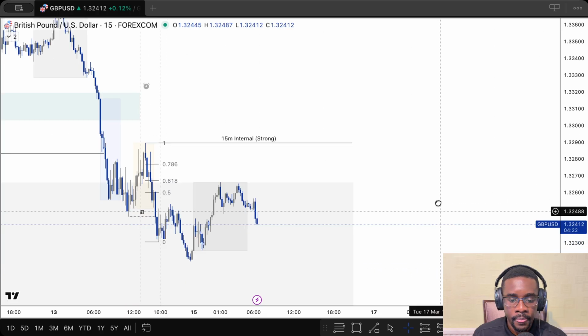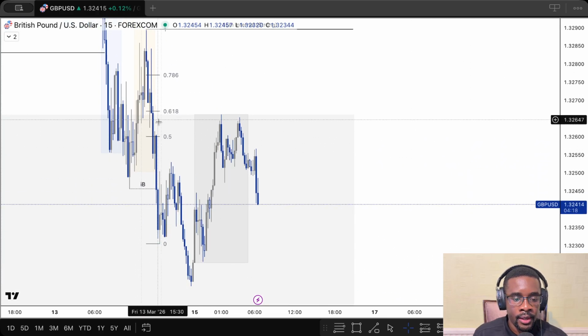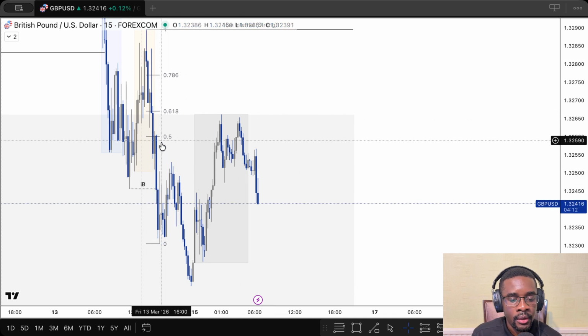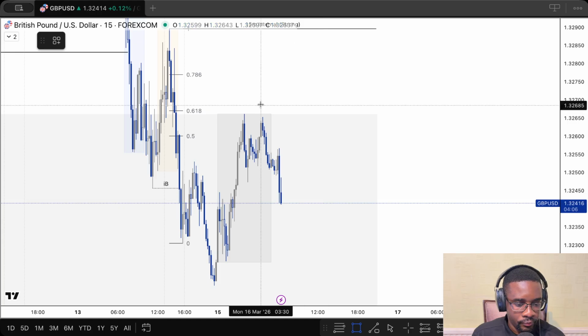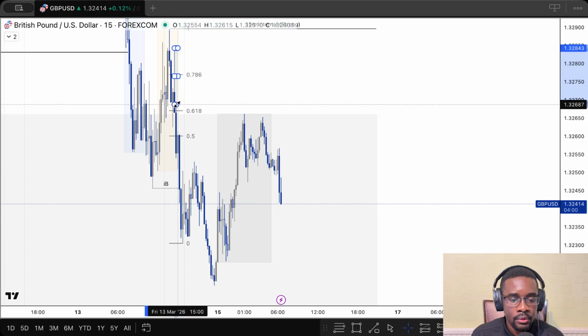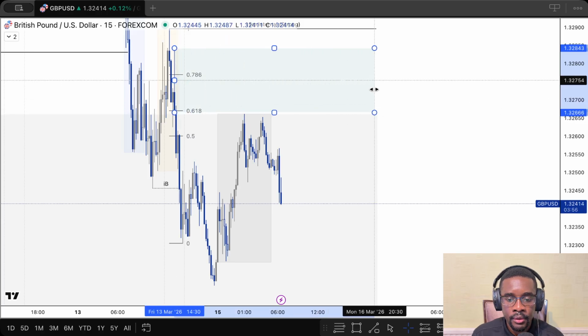Okay. So now we have had a pullback. We've pretty much swept these areas. Pulled back towards these areas. So now, would we expect price to come back?